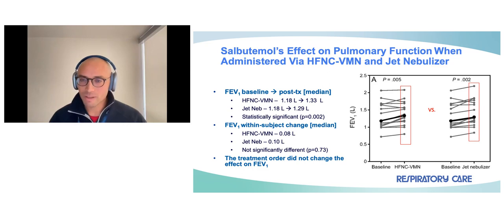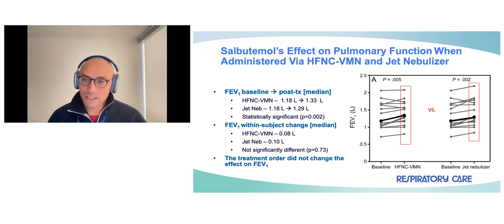If you look at this plot right here, the y-axis shows you that this is the FEV1 in liters, so that's the units we're working in. Now, the left element in that plot is the difference in FEV1 between baseline and high flow nasal cannula with vibrating mesh. The right element in that plot is the baseline measures versus the jet nebulizer.